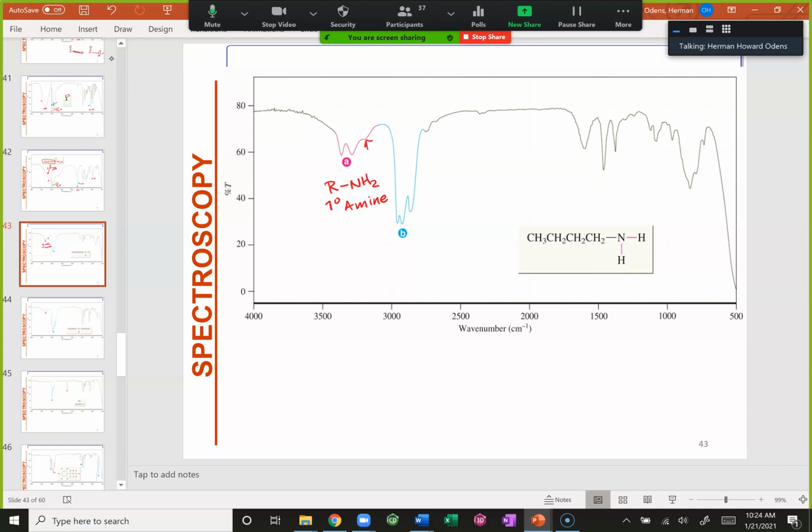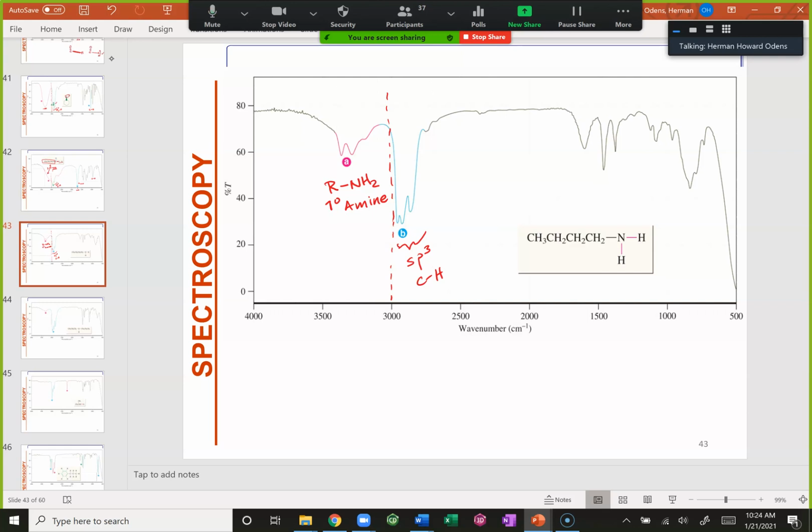This is just a little bit. All right, 3000. I'm gonna trace my magic line. And this is sp3 CH, and the fingerprint region looks really nice, but I cannot assign anything else, and that's it for this.